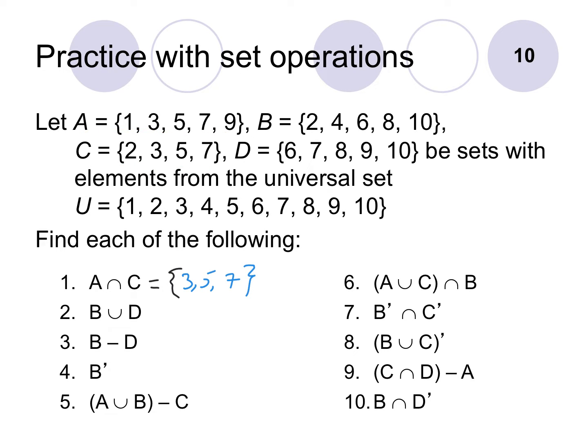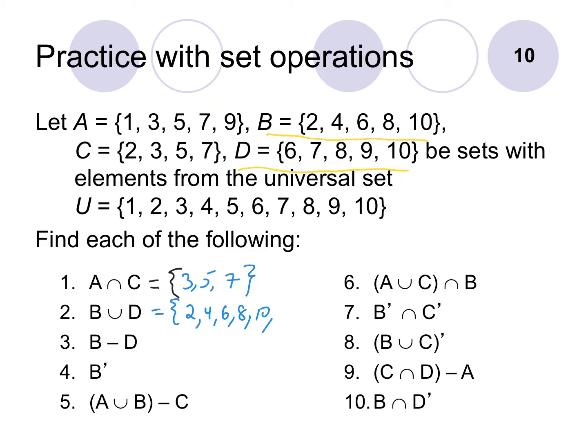For the union operation, my example number 2 there is B union D. Again, I locate my B and locate my D, and I would like everything that's in either B or D. The easy way to list those is to just write down everything that's in B, because those are all there for sure.